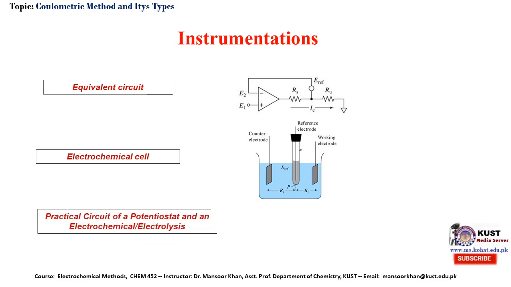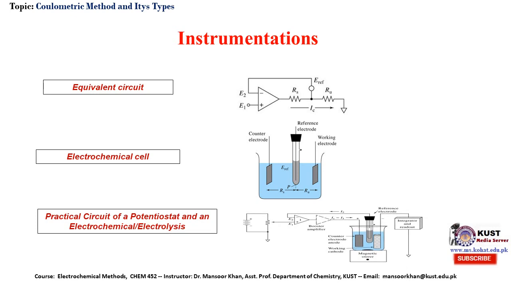Another diagram is shown in which we have shown the whole instrumentation of potentiostatic coulometric methods, which is a practical circuit of a potentiostat and an electrochemical cell where electrolysis takes place. When you combine the equivalent circuit and the electrochemical cell, this is the whole instrumentation of the potentiostatic coulometric method of analysis.